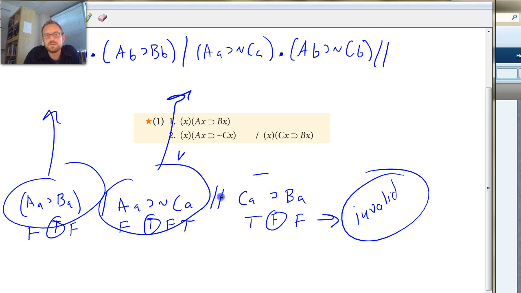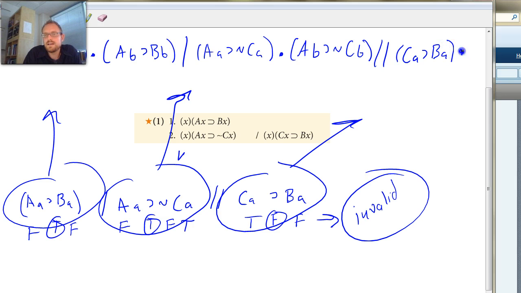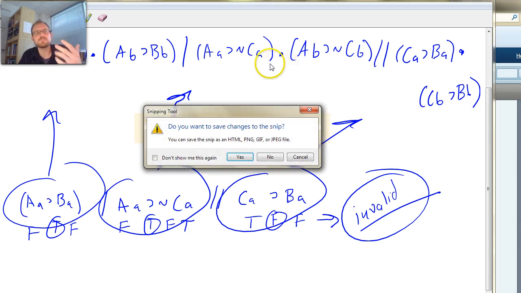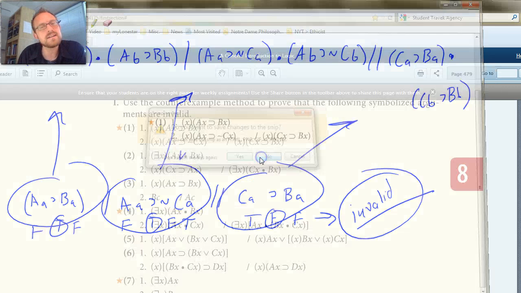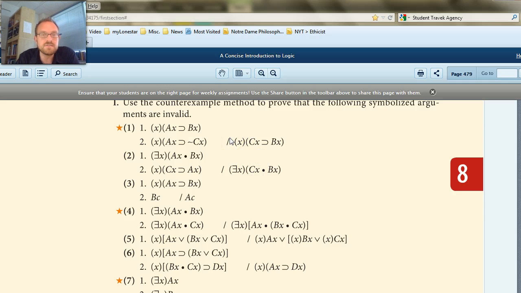And then my conclusion would look like CA, then BA, and CB, then BB. That would test for a universe of 2 because I would have A's and B's, and then you do 3's and so on. But let's be happy that it only took the first universe. That's how you use the finite universe method to prove validity, but we're mainly using it to prove the invalidity of arguments.